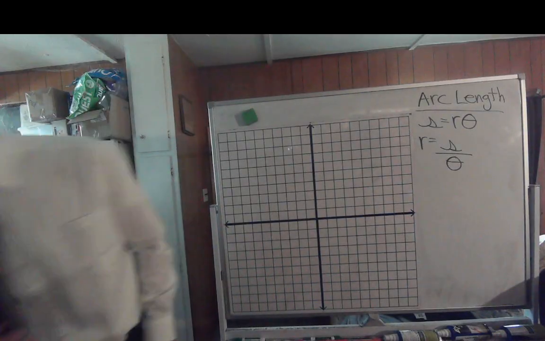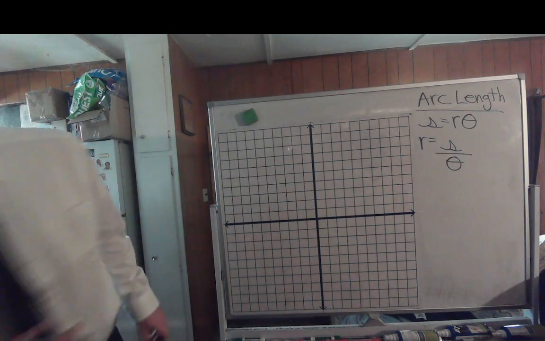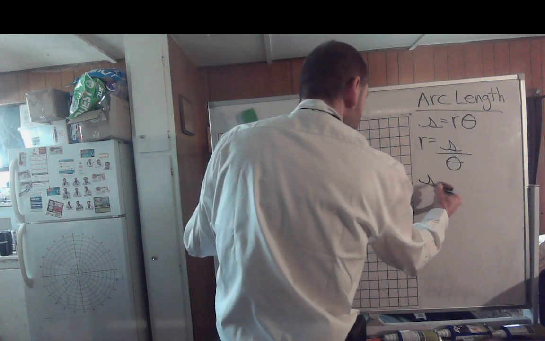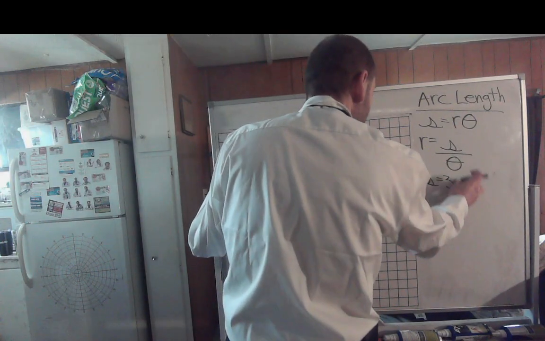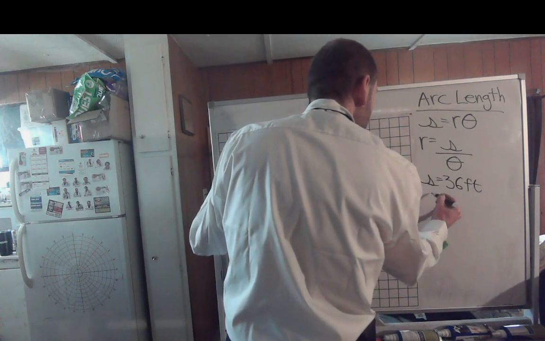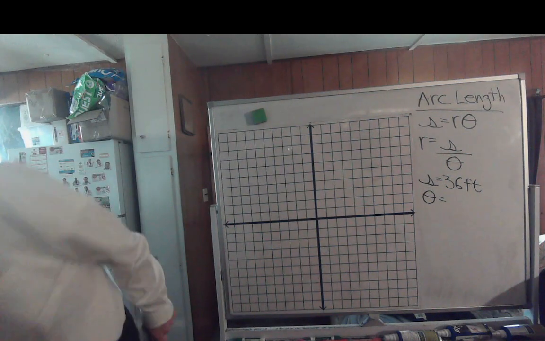So in this case, your arc length is going to be 36 feet. Your angle is going to be pi over 2 radians.